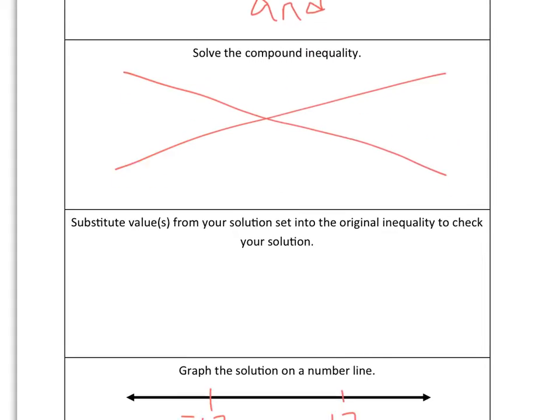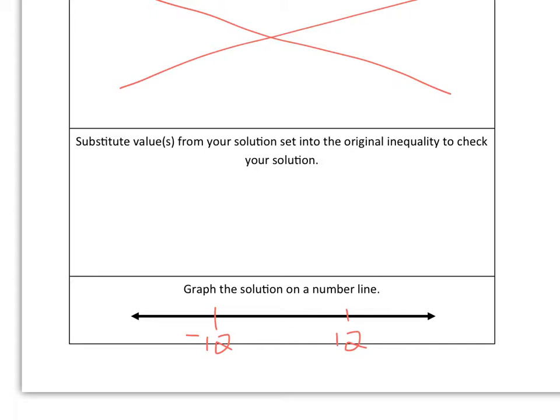We have it equal to, so these are both going to be shaded in. So filled in circles. Okay, and then my shading, I need greater than or equal to negative 12, but still less than positive 12. And remember, one way you can remember is with compound inequalities, my "and" statement should end up being one piece, and my "or" statements, the graph should end up being two pieces.